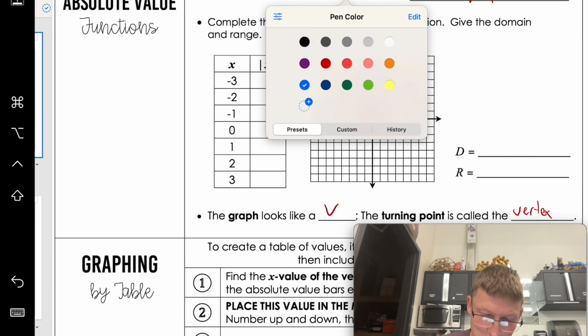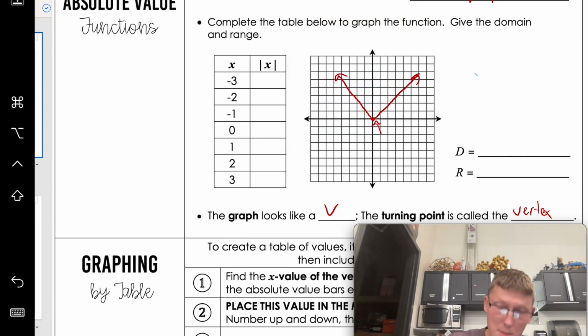We've got our vertex at 0, 0. Our function is f of x equals the absolute value of x.